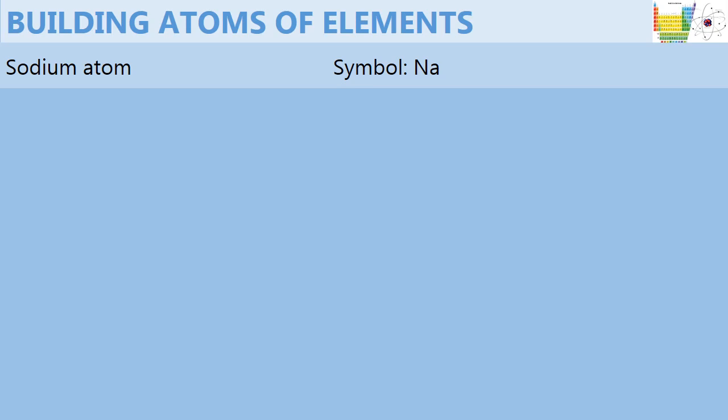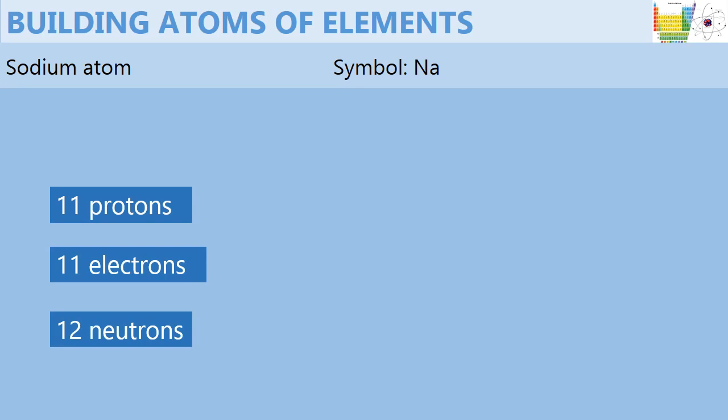Let us see how to build the sodium atom. It contains 11 protons, 11 electrons, and 11 neutrons. The structure looks like this.